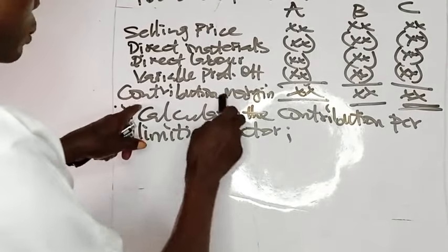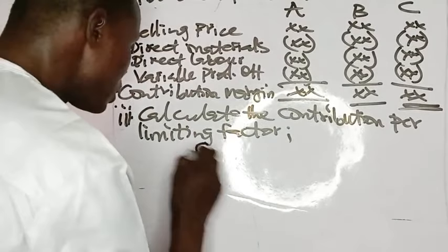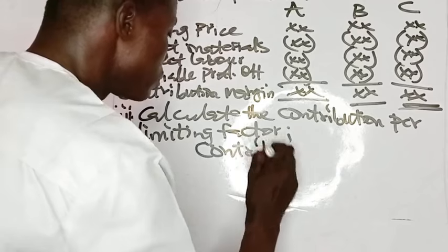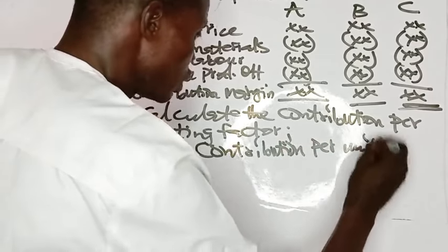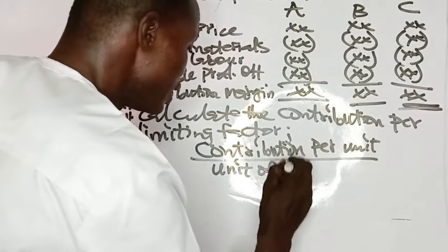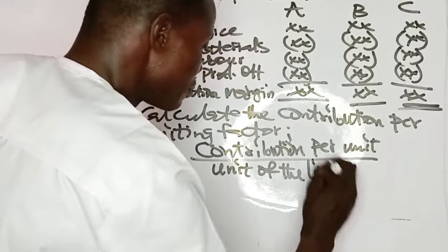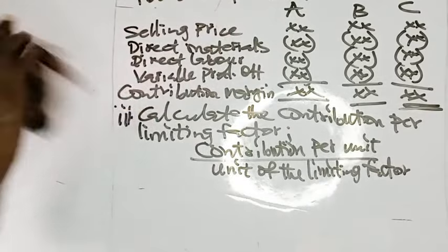You divide your contribution margin calculated in step 2, your contribution per unit, by the unit of the limiting factor. Unit of it, not total, unit of the limiting factor. That will give you the contribution per limiting factor.